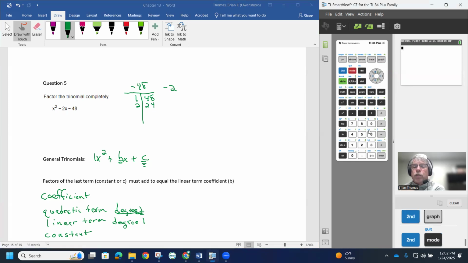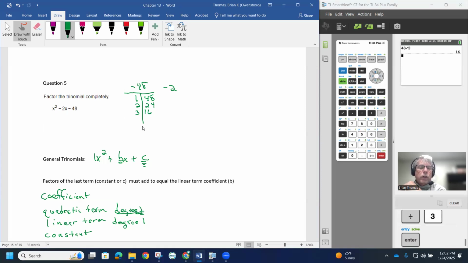I could just go 48 divided by 3, 16. So 3 times 16 is 48, a factor of 48. 4 times 12 actually is 48. 5's not going to work. 6 times 8 does work. 7 doesn't. And 8 times 6 works. So what I'm getting are those factors there.